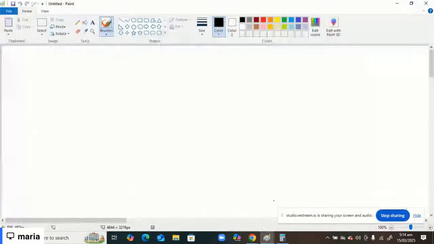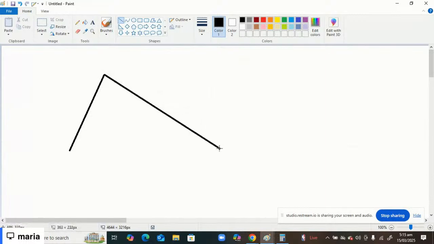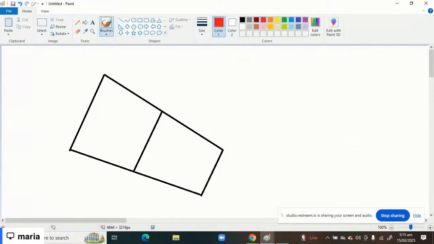So the shape is like this. This is the shape.